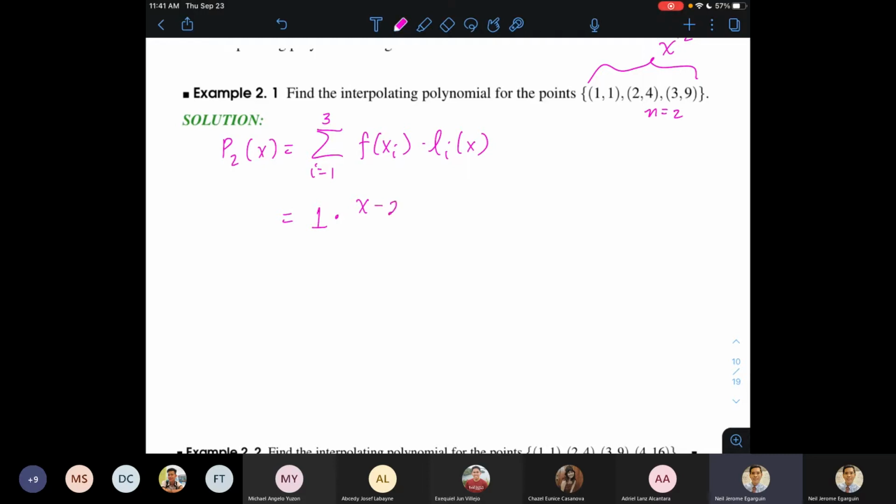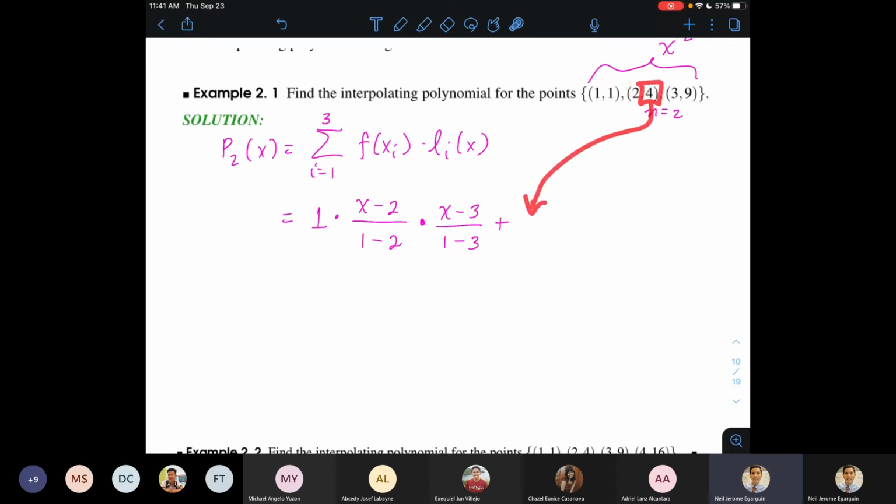So I'll have x minus 2 all over x1 minus xk. So that's going to be 1 minus 2. Okay. Times the third abscissa, x minus 3 all over 1 minus 3. Okay. Plus second function value.